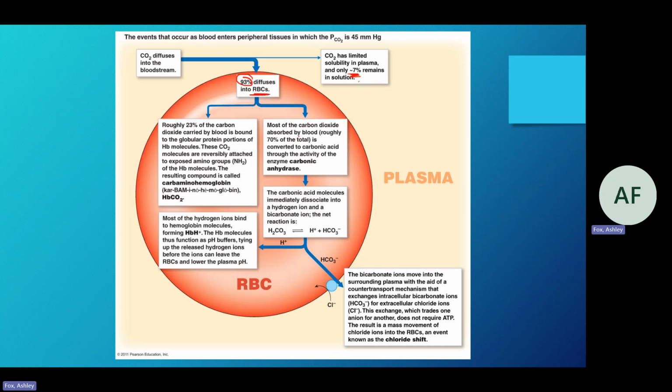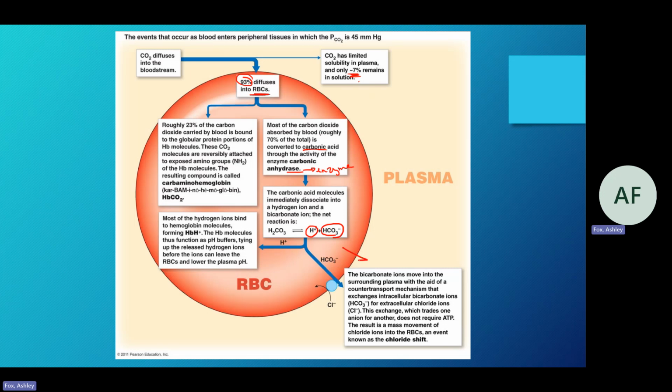So most of the carbon dioxide is going to be converted to carbonic acid in here, and that's done by carbonic anhydrase. Remember, ASE is always an enzyme. Carbonic acid molecules dissociate into that hydrogen ion and the bicarbonate ion.